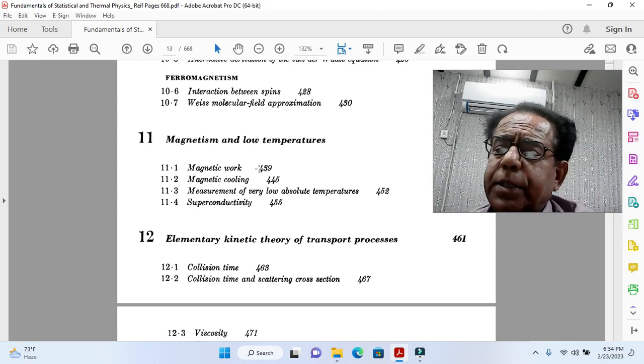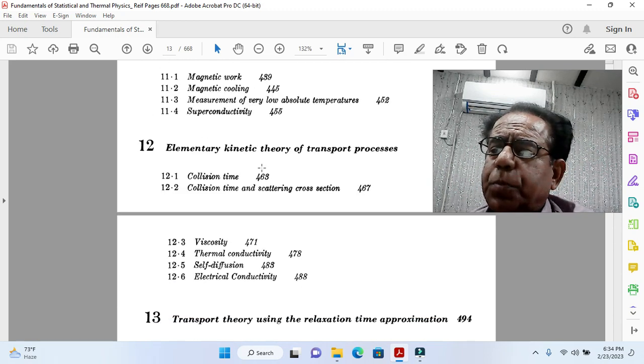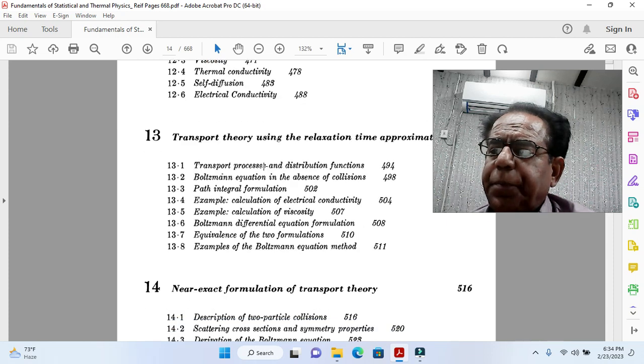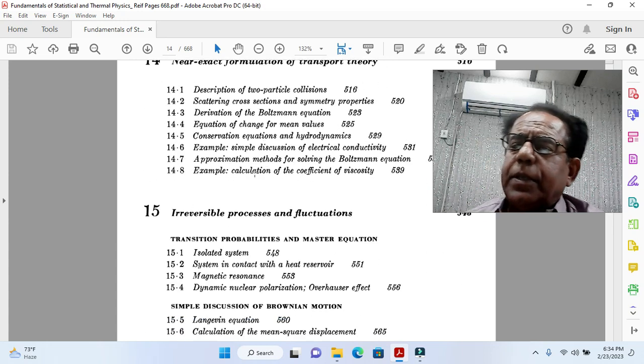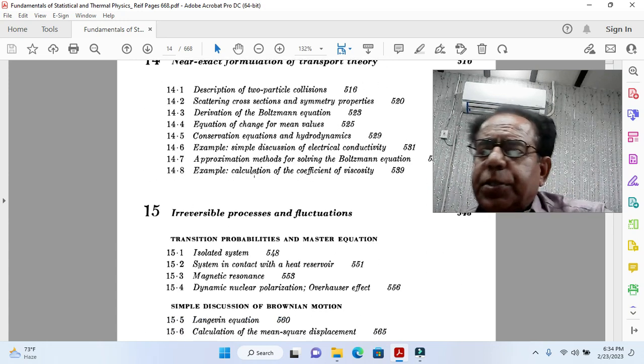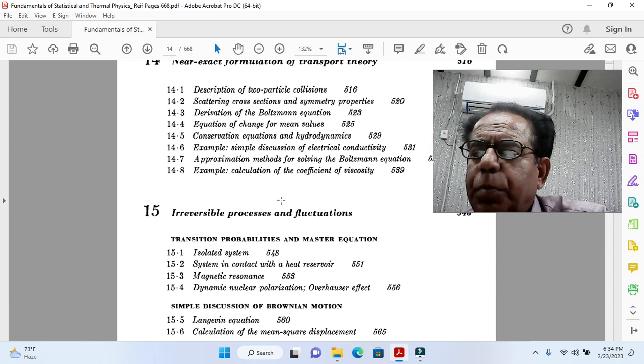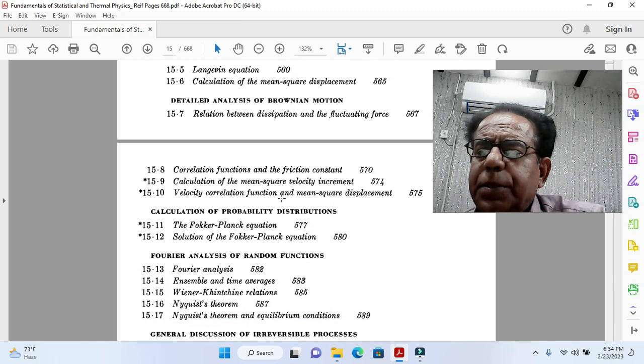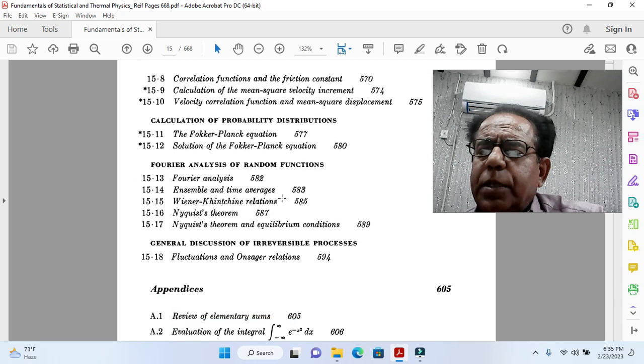magnetism and low temperatures, elementary kinetic theory of transport processes, transport theory using the relaxation time approximation, near exact formulation of transport theory, irreversible processes and fluctuations, transition probabilities and master equation, simple discussion of Brownian motion, detailed analysis of Brownian motion, calculation of probability distribution, Fourier analysis of random functions.